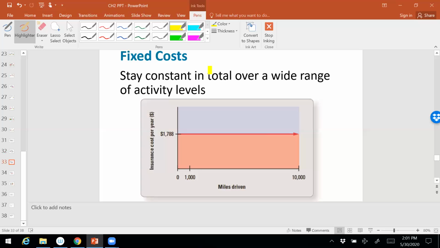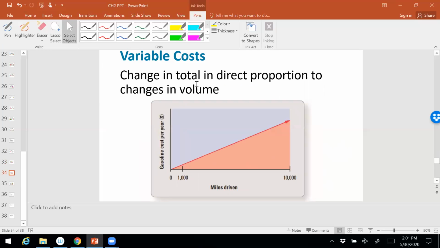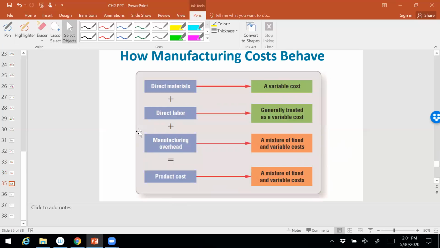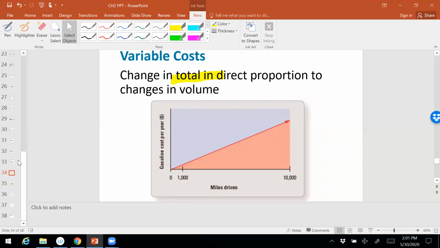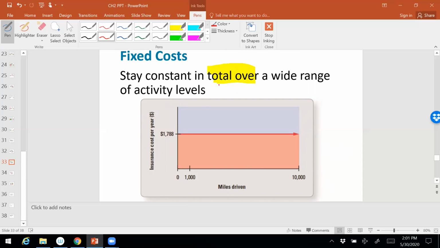So fixed cost in total is constant, okay? And then variable cost, if it's a total, then it varies, right? If it's total, then it goes up. But as I said, if it's asking about per unit, then fixed cost actually will decrease.